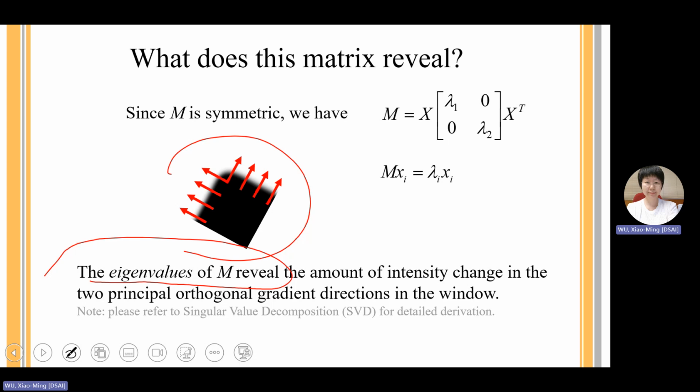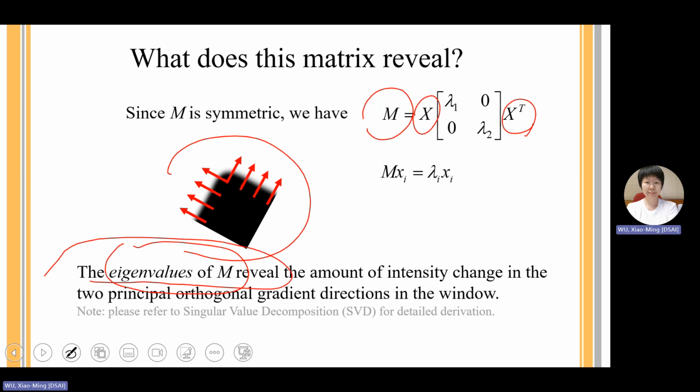Basically, almost all the corners are non-aligned. So we cannot just look at the second moment matrix M; we need to look at its eigenvalues, because those corners are rotated by some rotation matrix.